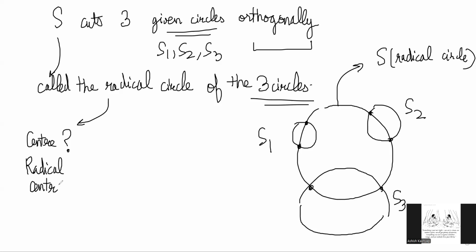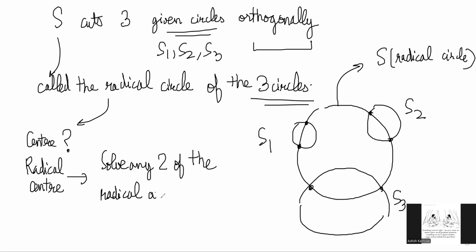How do you find the radical center? Solve any two of the radical axes of pairs of circles. So what do I mean by that? Radical axis is the locus of points from where equal tangents can be drawn to two given circles.